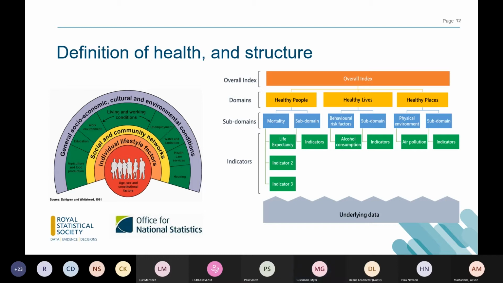Then we've divided each of these top domains into subdomains. For example, healthy people, there's mortality, mental health, physical illnesses, and so on. And then under these, we've produced specific indicators.